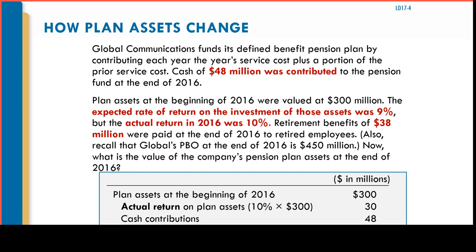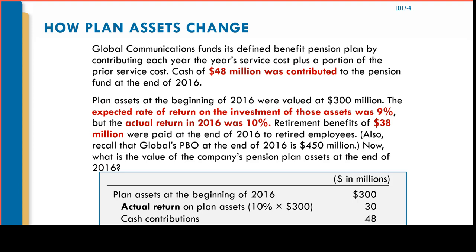So this is the way we go forward, and here when we work through this one, the actual return on plan assets, just like PBO interest expense, right? Interest cost, which we call pension expense. I clarify my terminology here. You calculate it on the beginning balance. So the actual return, if it says 10%, is going to be 10% of the beginning balance.